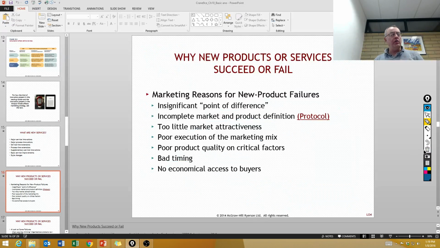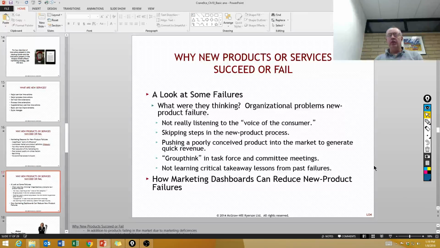Okay, so we just looked at some marketing reasons why new products fail, and then there are some other organization-related reasons why products can fail as well. Here's a list of 5 organization-related problems that can contribute to product failure.